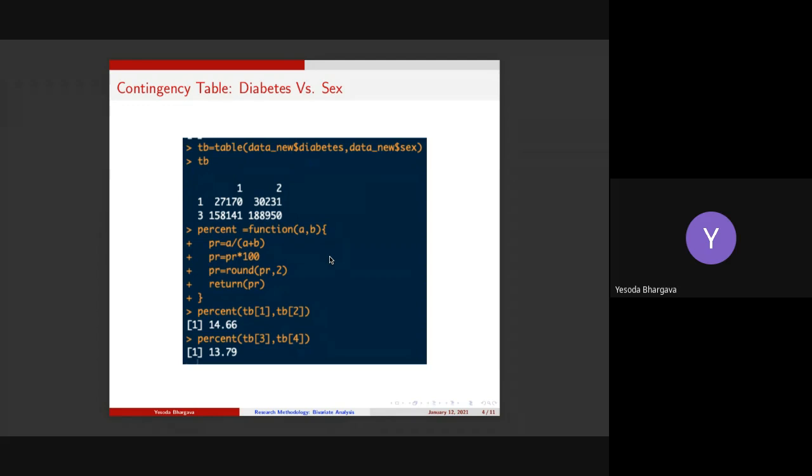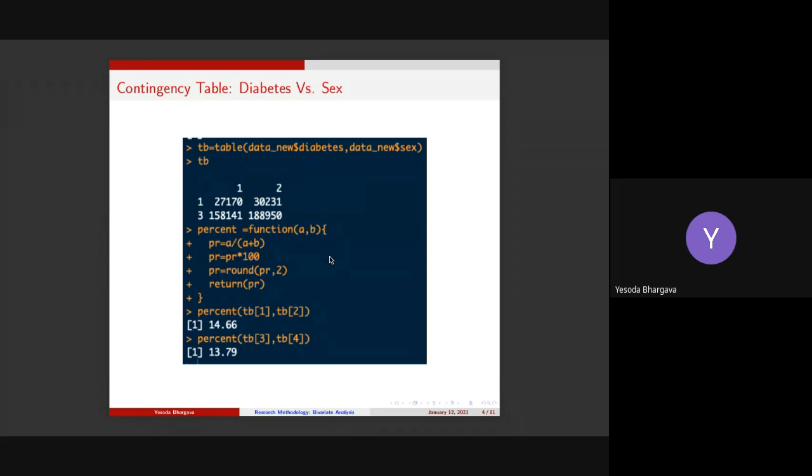There is a step beyond this bivariate analysis, which includes more complex tests, which will attest to whether in this dataset men actually have a higher prevalence of diabetes as compared to females. But that is beyond this module. To give a brief idea, when you have two categorical variables, that is how you analyze them.